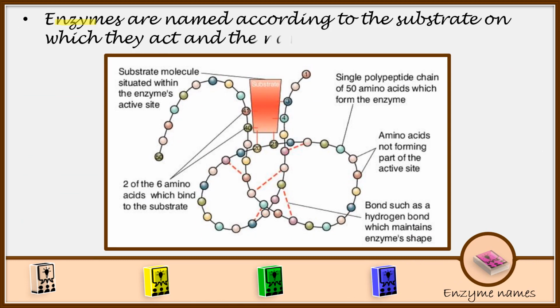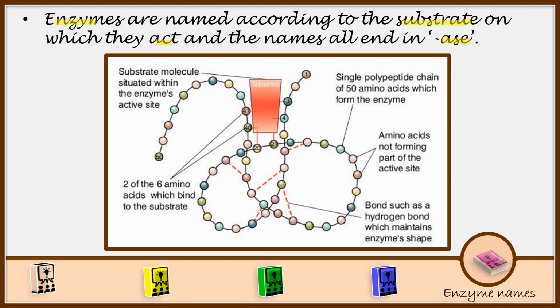Enzymes are named according to the substrate on which they act, and the names all end in ASE. So when the enzyme is acting on, for example, the formation of sucrose, the name of the enzyme is going to have the name of the product.